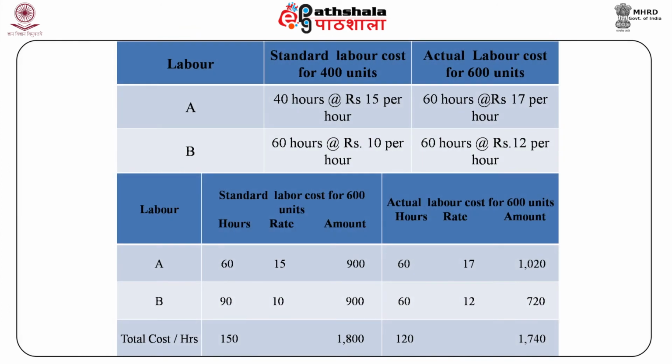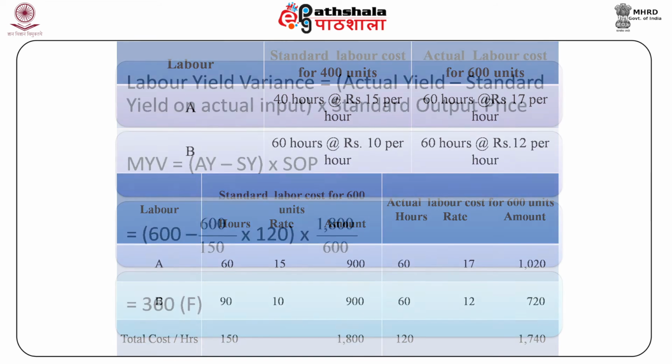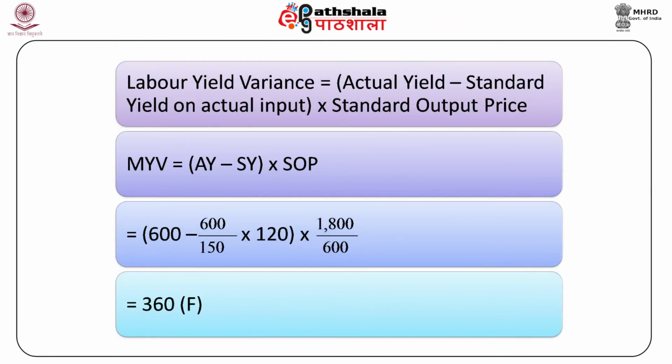Let us understand this concept through an example. Let us calculate labor yield variance from the following information. Let us do the basic calculations by making standard hours for actual output. Labor yield variance is equal to actual yield minus standard yield on actual input into standard output price.